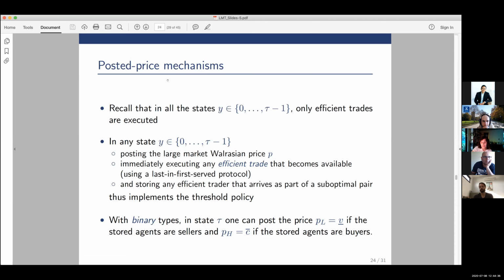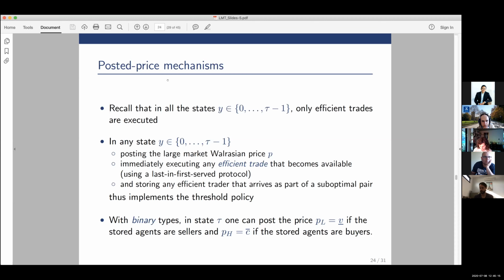In the paper we also look at profit maximization through posted prices, or the profit maximizing implementation of the efficient policy through posted prices. But here our focus is going to be on uniform posted prices, in the sense that in every period there's a single posted price, and if there's trade, the buyer pays that price and the seller receives that price. Recall that in the states y from 0 to tau minus 1, you only execute efficient trades, right?